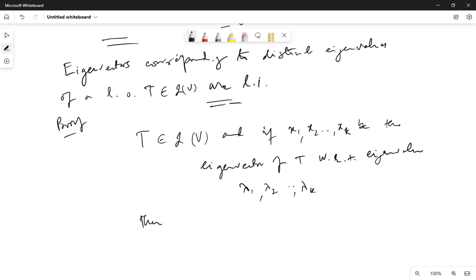Then I define an operator Sj, which is given by the product, here product means composition, over i from 1 to k, i not equal to j, of the inverse of lambda j minus lambda i, times T minus lambda i into identity.